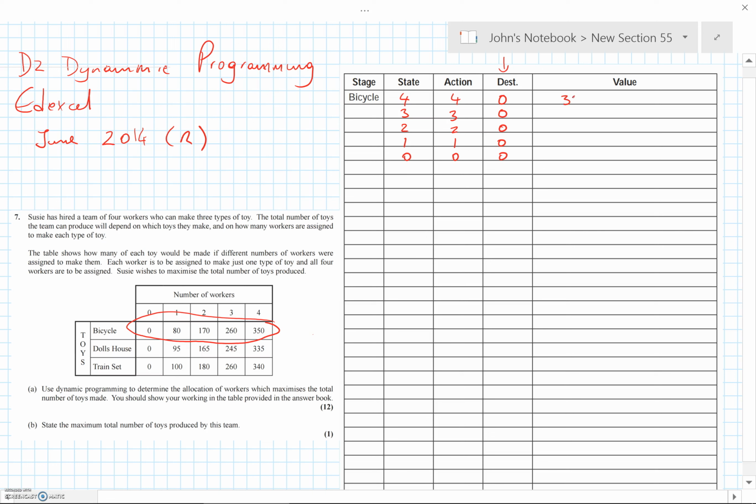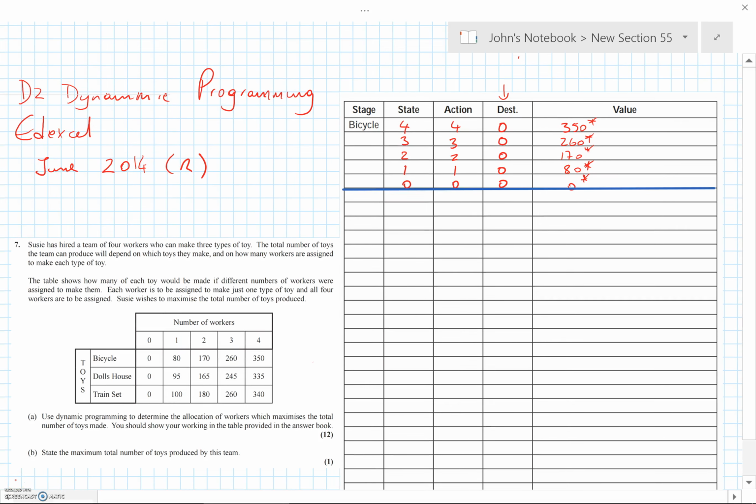So we've got 350 if all of them do bicycle, and as we follow it through, none of them do the others. If 3 of them do bicycle, it's 260. They should be starred because each one of these is a state in itself. They're optimal. There's only one of them, but strictly speaking, it's the optimal one, and they should be starred. So that's the whole stage considered.